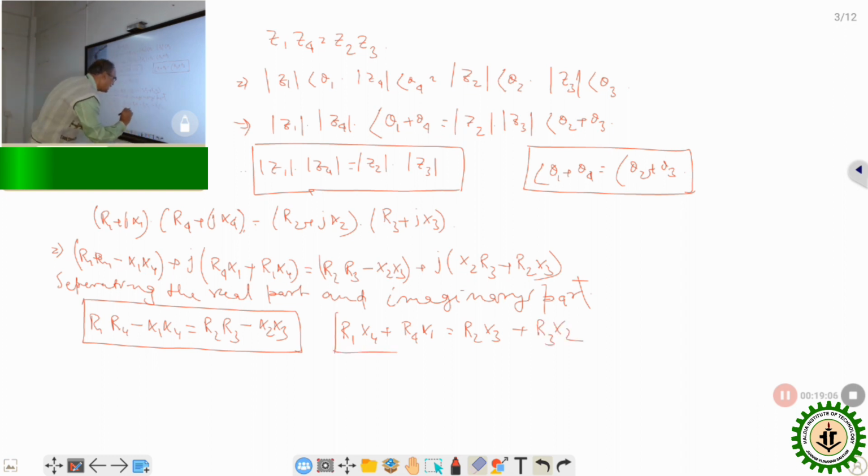So this is the other condition. So these are the conditions for the AC bridge balance. Okay, next day we will continue with the measurement of inductance, capacitance and other parameters.